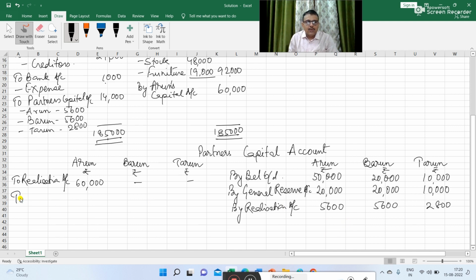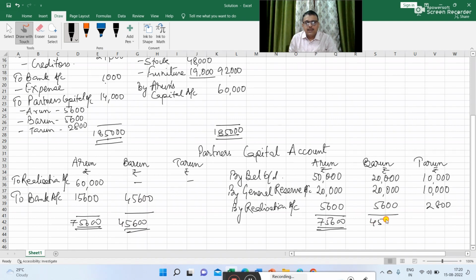So partners capital account debit to bank. The balancing figure in Arun's capital is rupees 15,600 that will be paid to Arun. The balancing figure of Barun is 45,600. And the balancing figure of Tarun is 22,800.